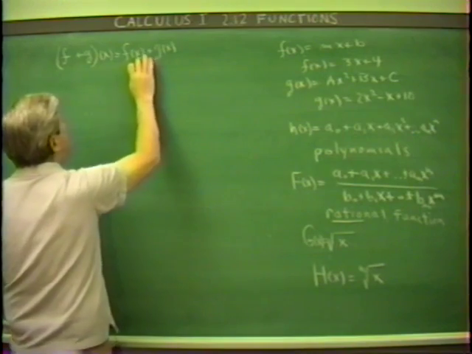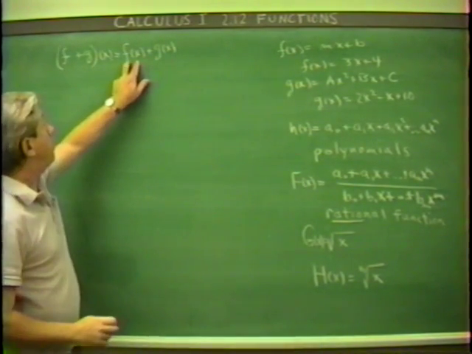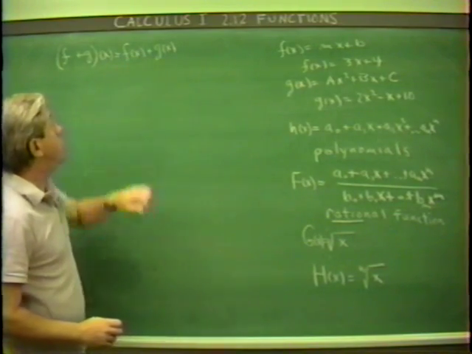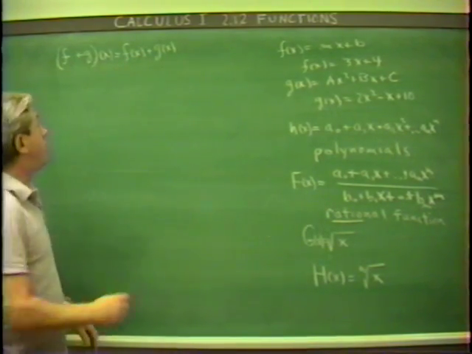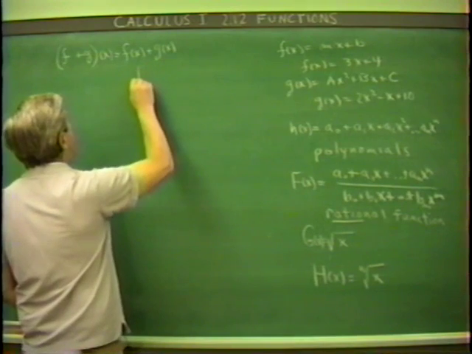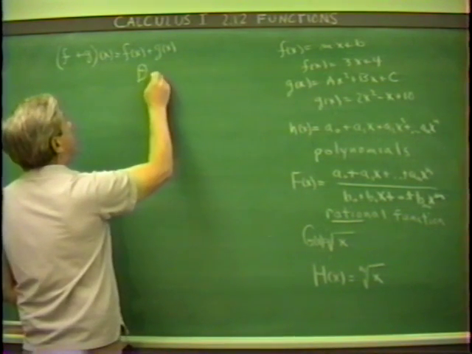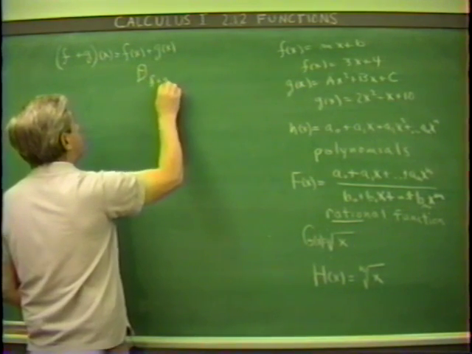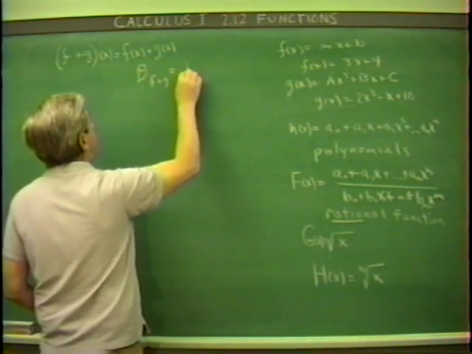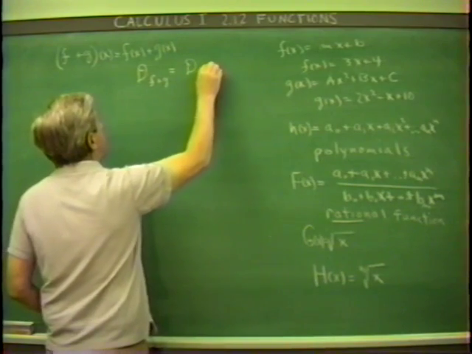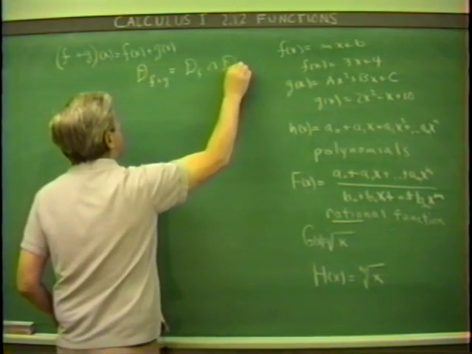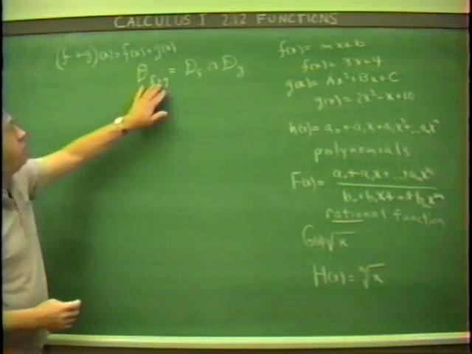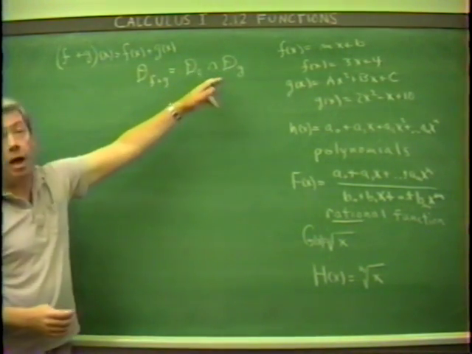Since f gives a unique value when you apply f to x, and g does also, in addition gives you a unique number, then f plus g is a function. And the domain, which I write with a script letter D here, of f plus g is going to be equal to the domain of f intersected with the domain of g. That's to say, in order for f plus g to be defined, f must be and g must be.